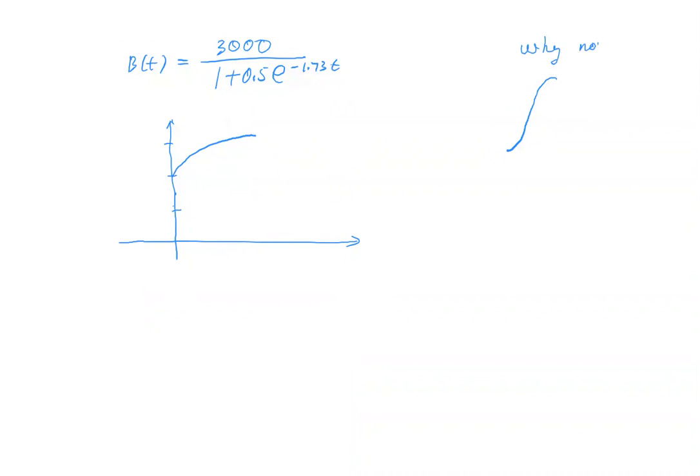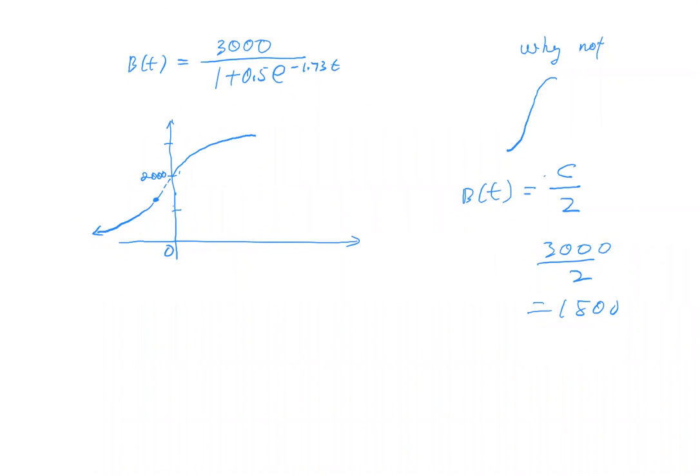Time cannot be negative. Because the inflection point, the B(t) at the inflection point, is supposed to be C over 2. So it's 3,000 over 2, that is 1,500. So the inflection point is here, which cannot be. That's why your graph starts from 2,000, so it doesn't show the inflection point.